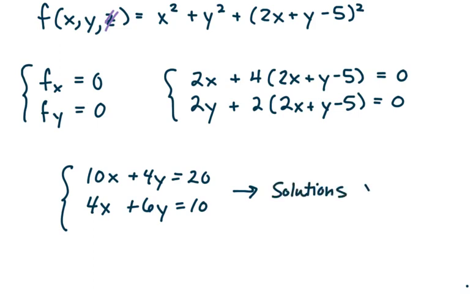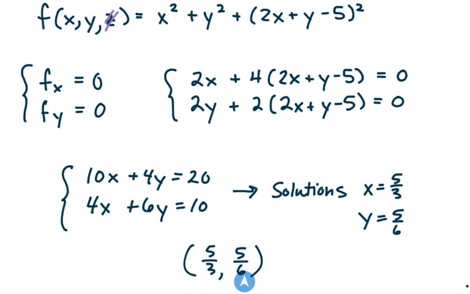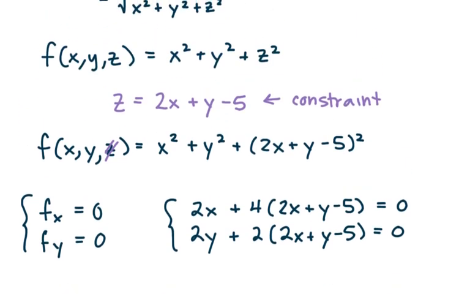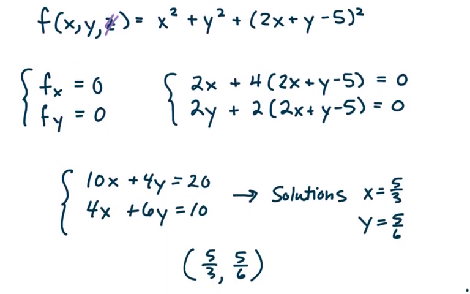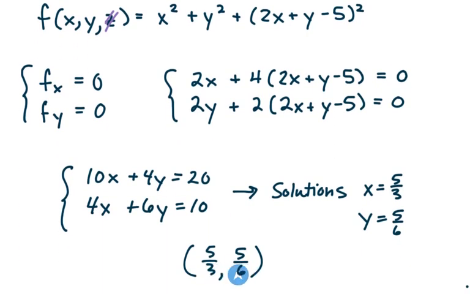And the solutions: x equals 5/3 and y equals 5/6. So that's my critical point, (5/3, 5/6). At this xy value, we can calculate z by going back up and plugging xy into z. But that's where we suspect the minimum value is going to occur.